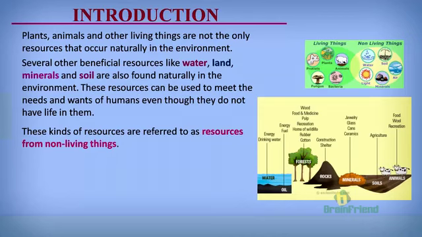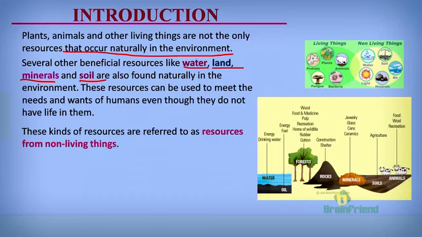Plants, animals, and other living organisms are not the only resources that occur naturally in our environment. There are other kinds of natural resources as well. So we have other beneficial resources like water, land, minerals, soil, sunlight, and so on.